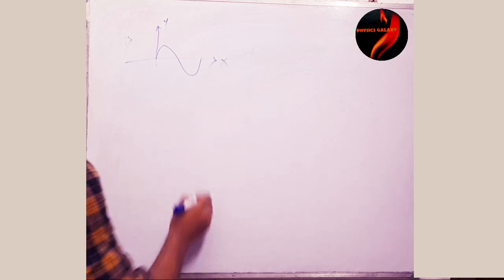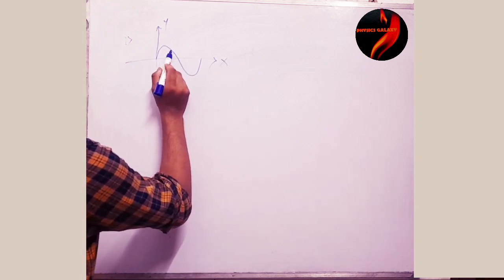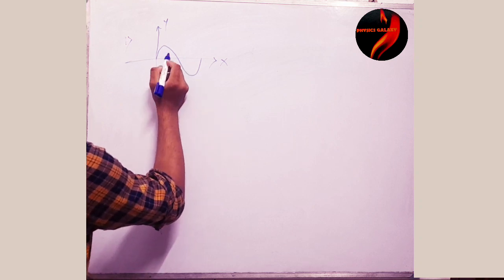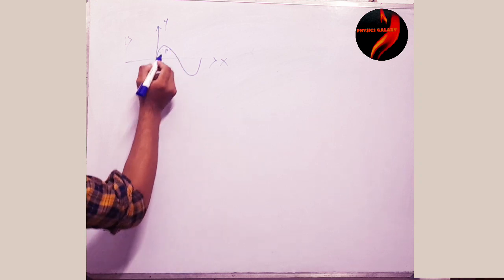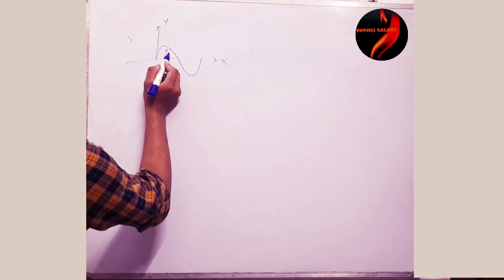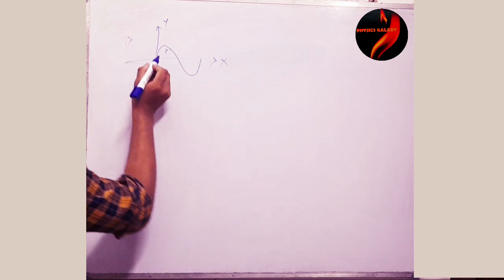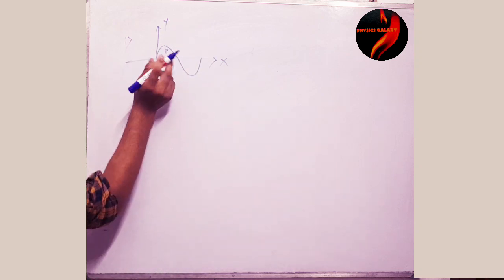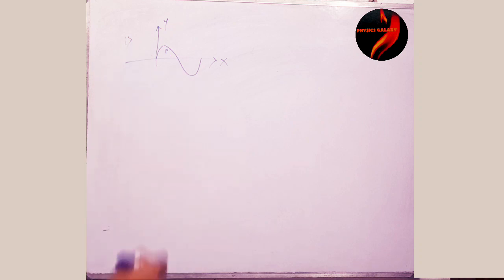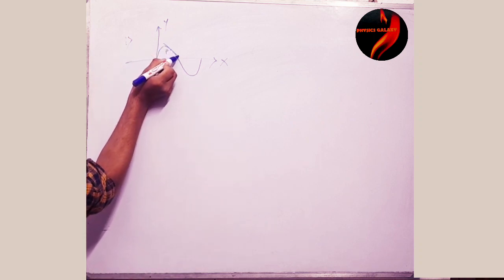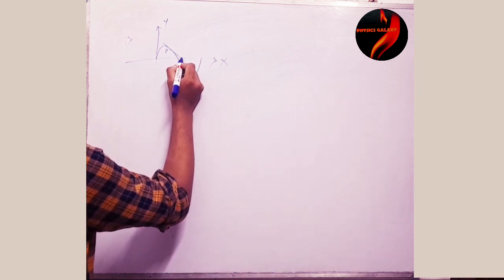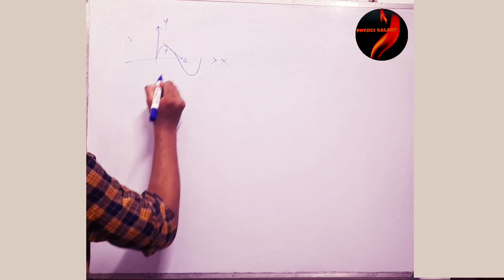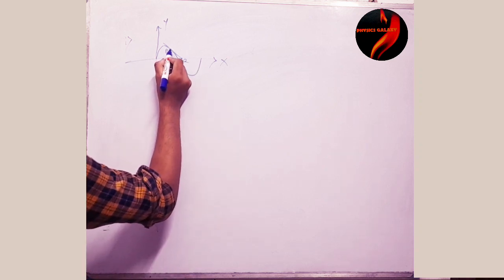And then they asked me to take an arbitrary point on that curve, and I took a point P on that graph, and then they asked me to draw a tangent at the point on the curve. We marked this point Q, and they also asked me to draw a perpendicular on the x-axis from point P.